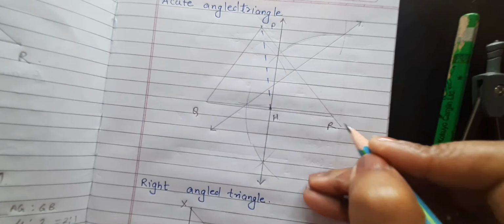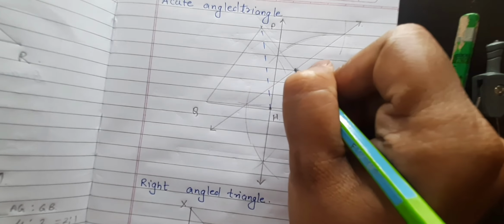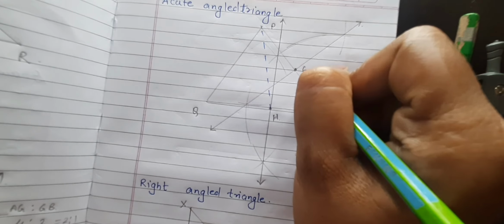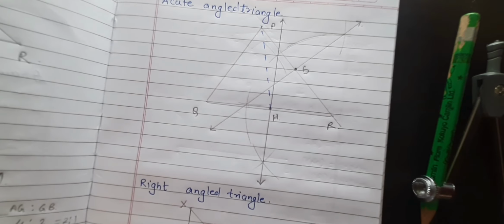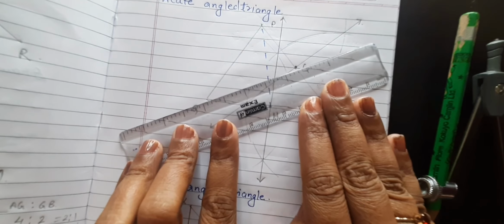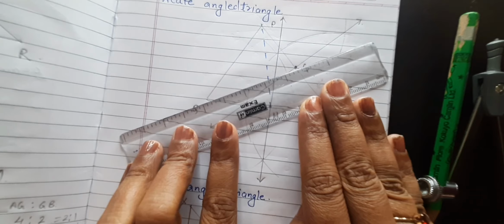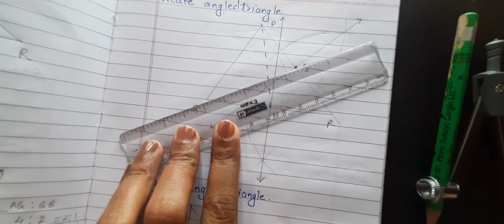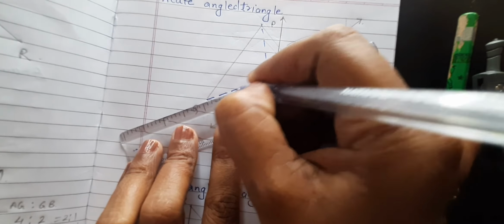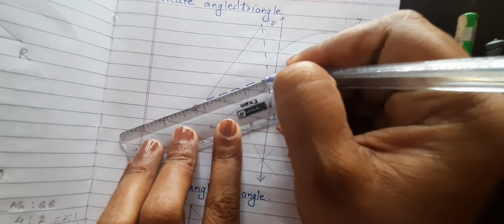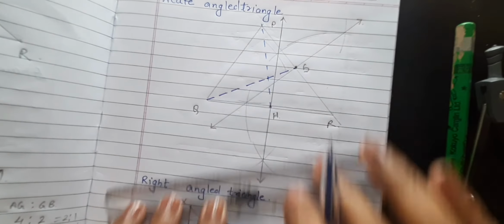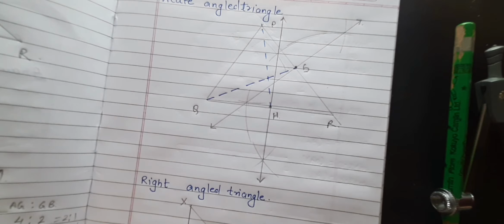Now this is the side, that is PR, where I got the point. I'll name it as S. Fine. And I'll be joining QS, and the opposite vertex is Q. So QS will be the median for triangle PQR on side PR at point S.